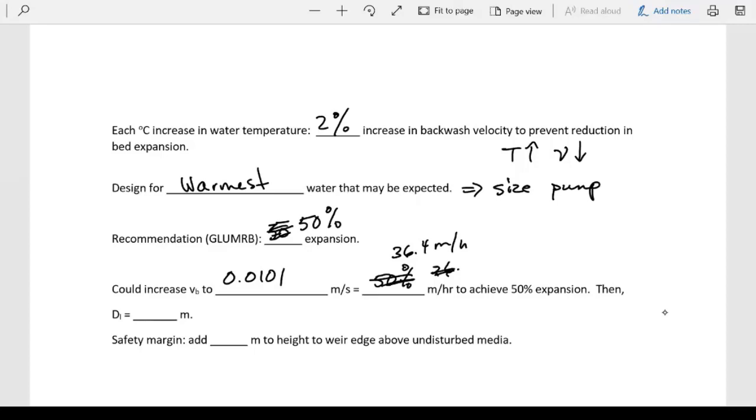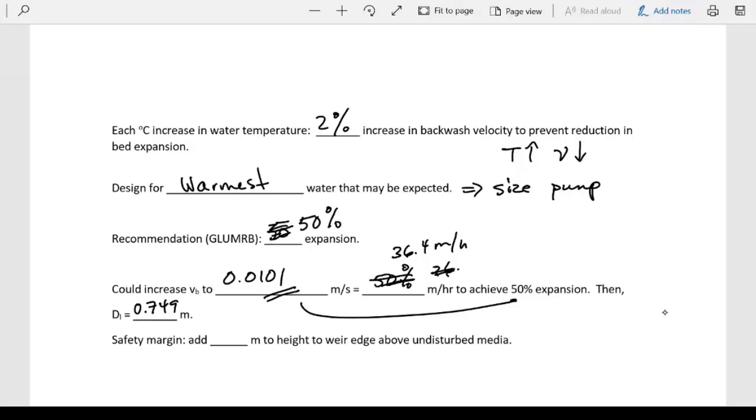And that would achieve 50% expansion. And our bed depth would be 0.749. So very small changes to go from 45% to 50%.